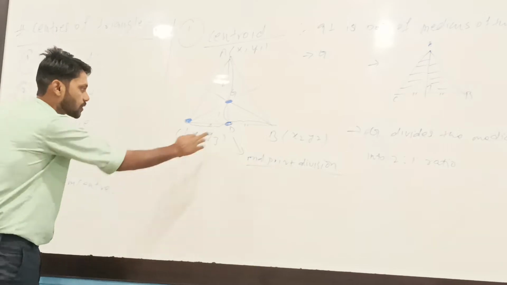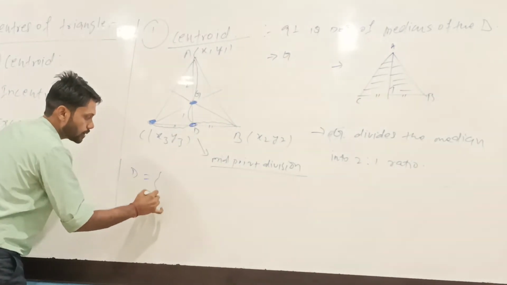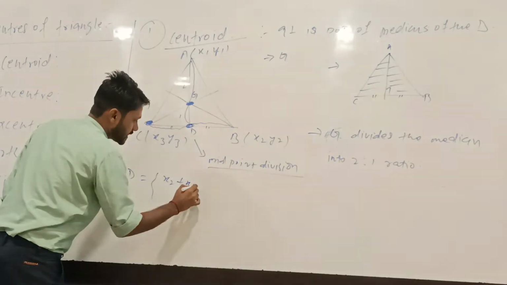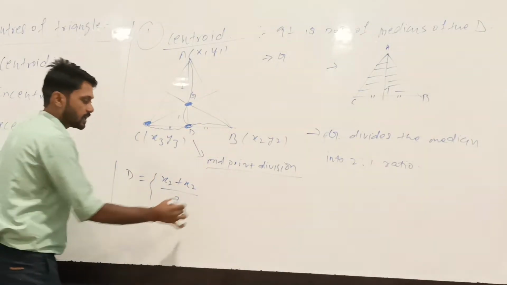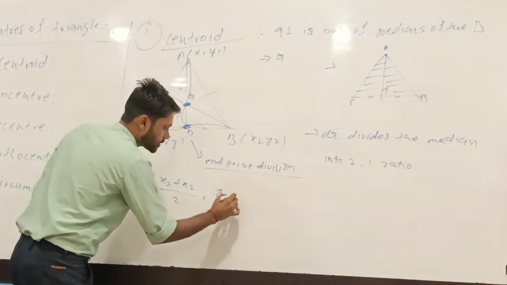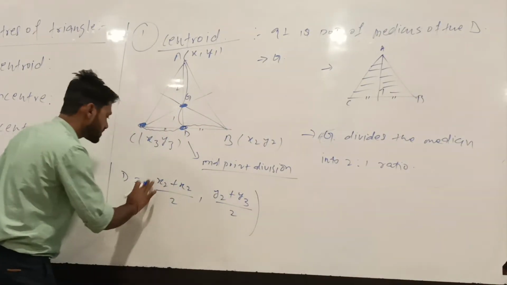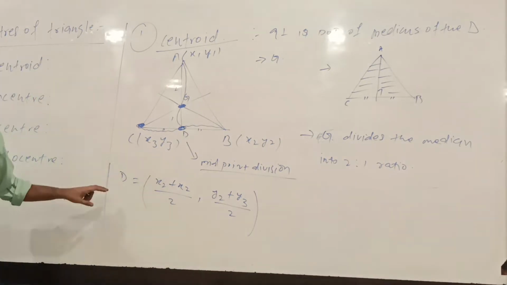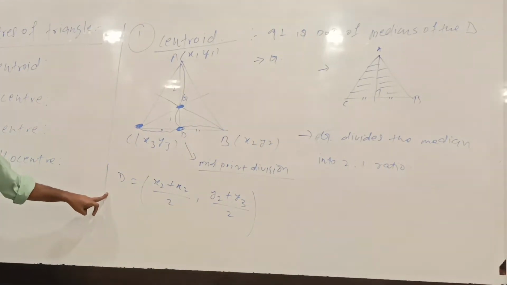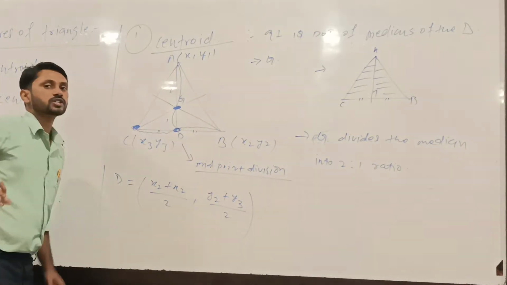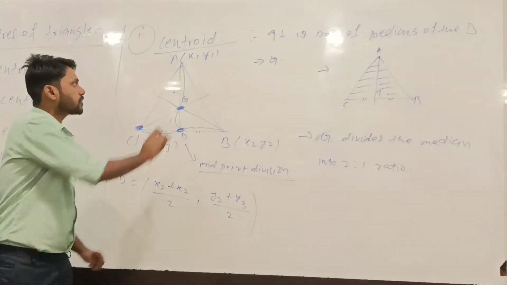So the coordinates of D here will be x2 plus x3 upon 2, and the y coordinate will be y2 plus y3 upon 2. This is the coordinates of point D. Understood?